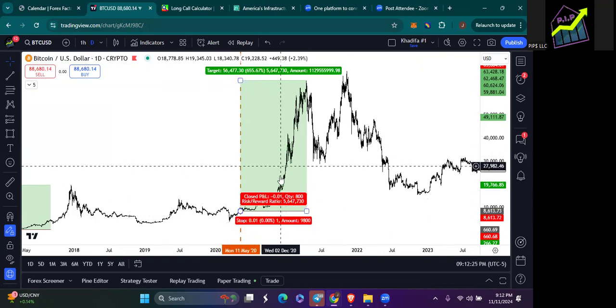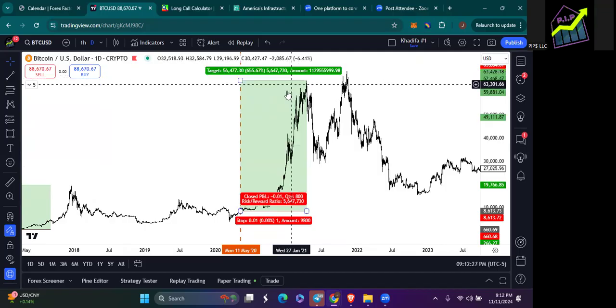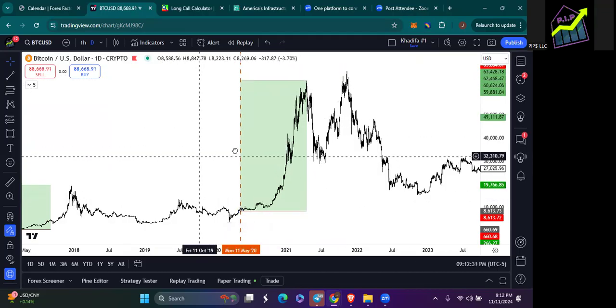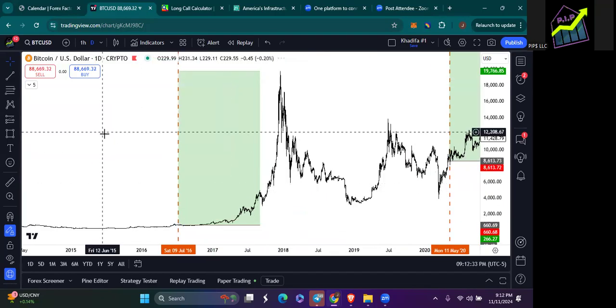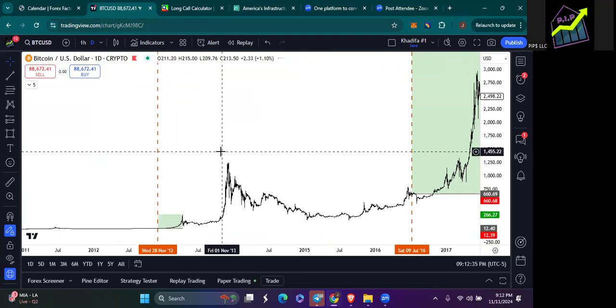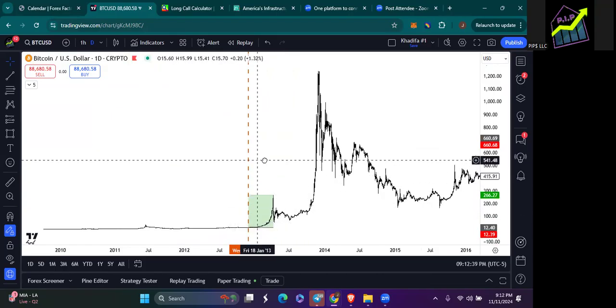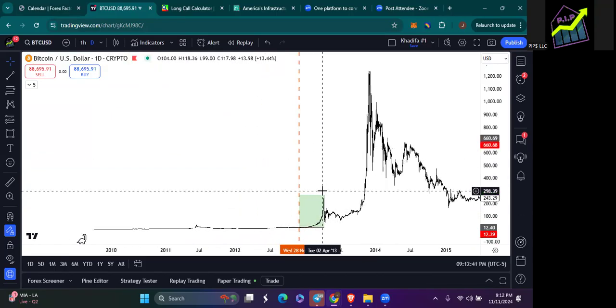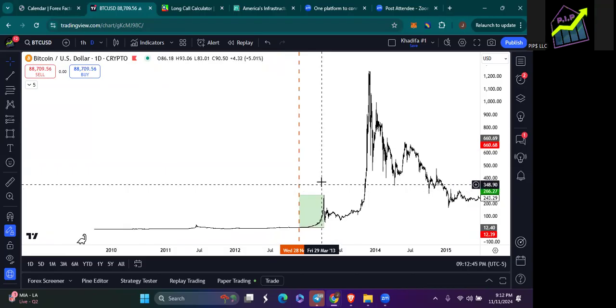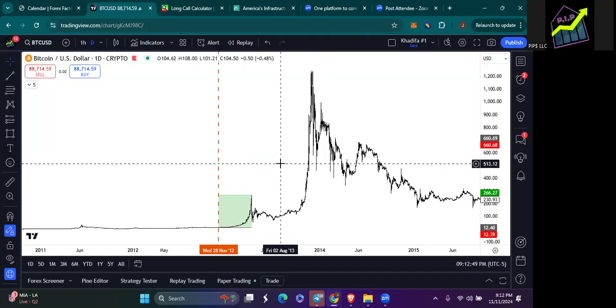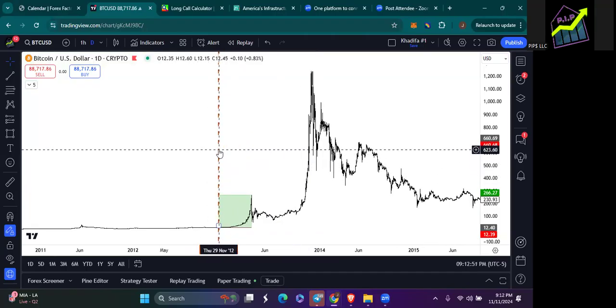So all of these markups that you see are during halving years, and it's showing you how much Bitcoin increased percentage wise during a halving season or during a halving year, right?